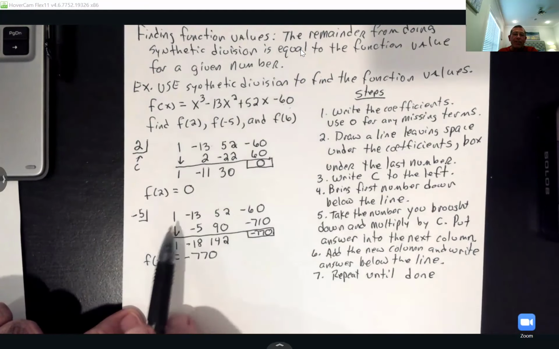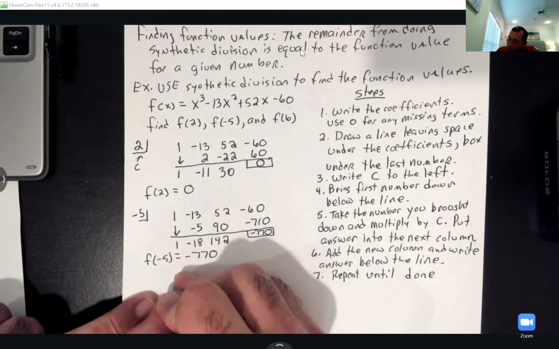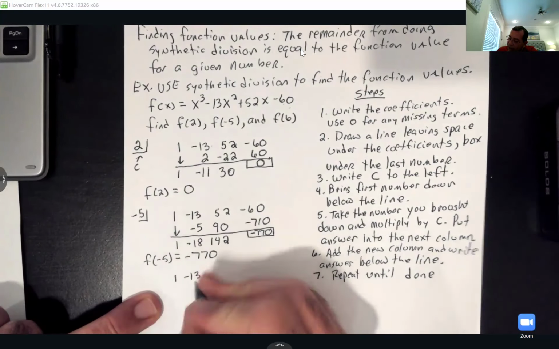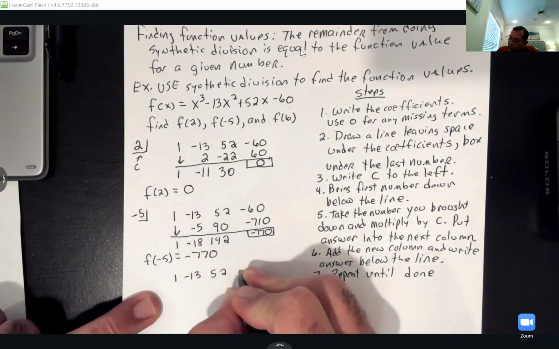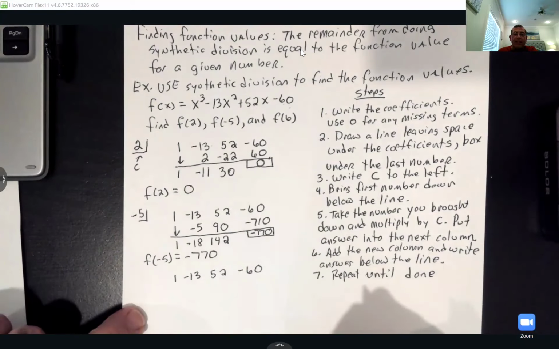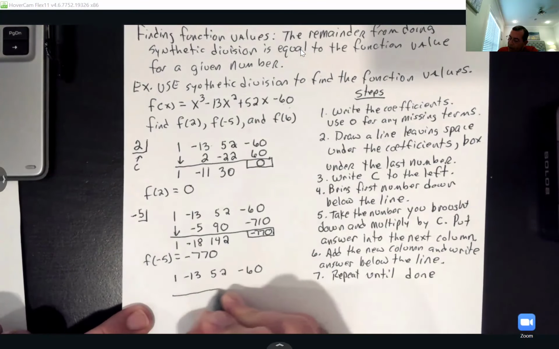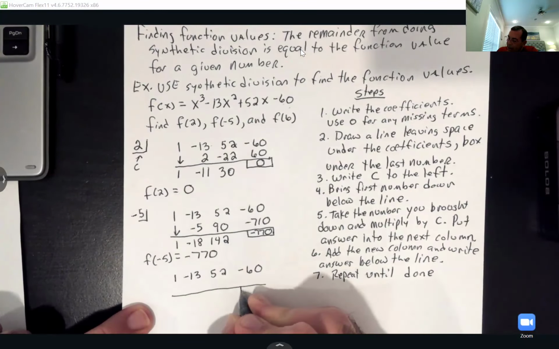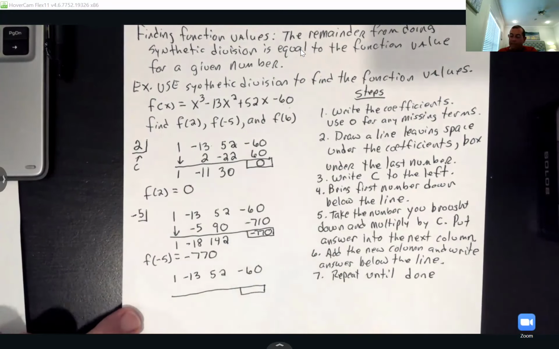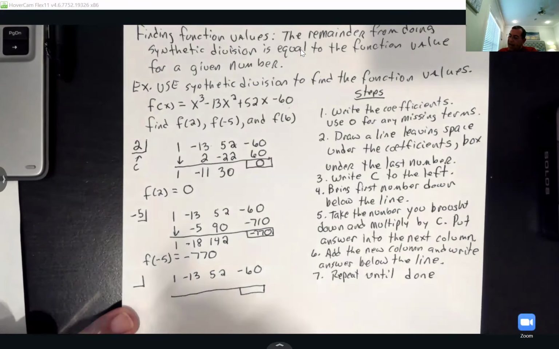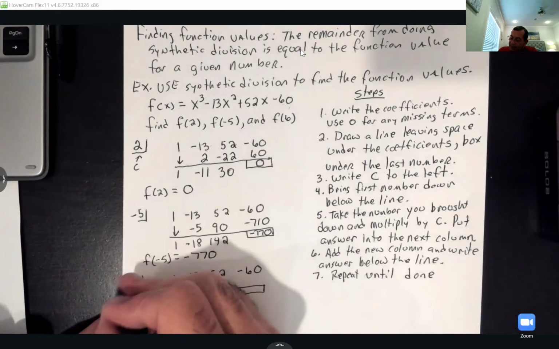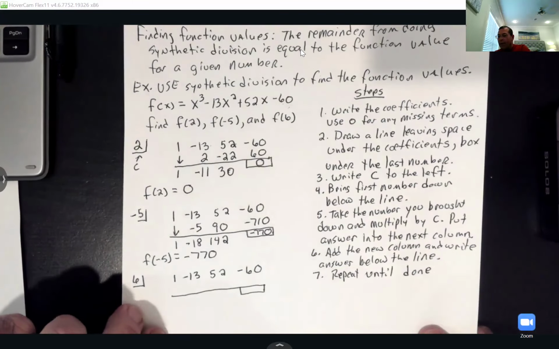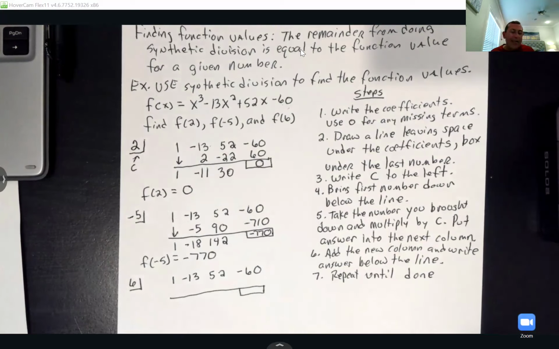All the coefficients are still the same: 1, negative 13, 52, and negative 60. We're going to draw our line with our box. And we said we're finding f of 6. All right, y'all, so who wants to lead me through this?